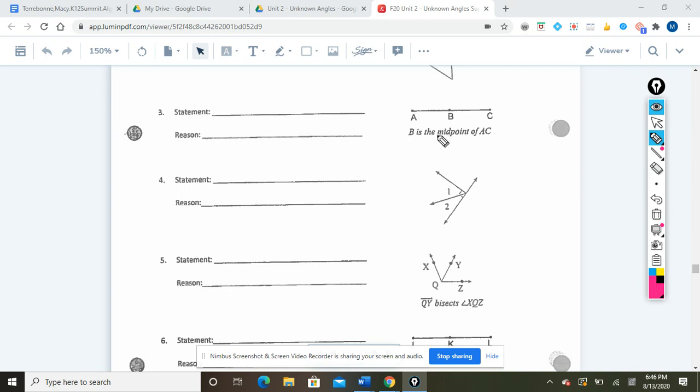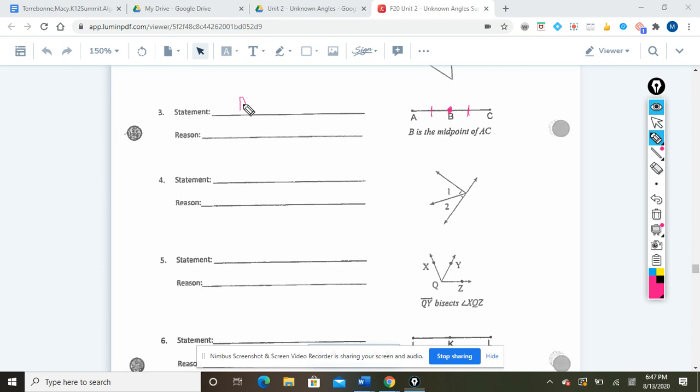Okay, number 3. This is segment ABC, or segment AC with a B in the middle. And it says B is the midpoint of segment AC. That means AB should be congruent to BC because B is smack dab in the middle of them.